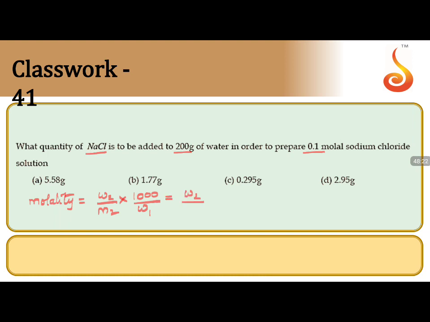W2 by molecular weight, we have NaCl 58.5, into 1000 by 200, the weight of solvent, equals 0.1. From this, if you solve, we will be getting an answer for W of 1.17 grams, close to this particular option. So the answer will be option B. Yes, option B is the right answer.